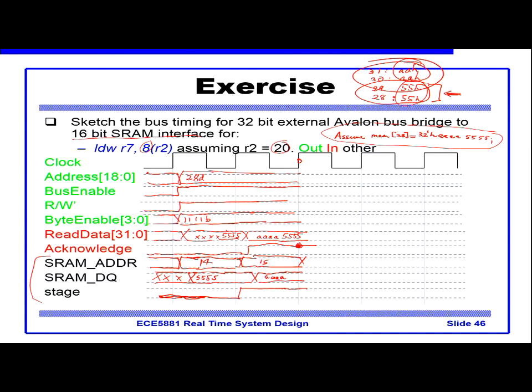Okay, so what your logic needs to do now is to work out that this 5555 goes to the low order 16 bits and this AAAA goes to the upper 16 bits of the read data. All right, and it would make that decision based on looking at the stage variable. All right, very simple.